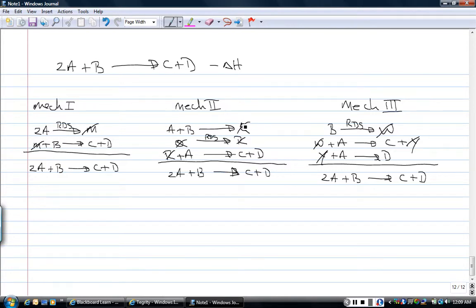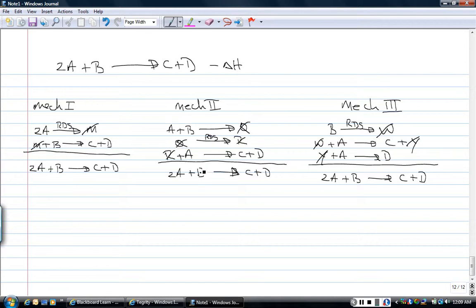This says I make intermediate Q, which generates intermediate R. And this says I make W. W then decays to make Y, and then Y decays in the presence of A to make D. So it clearly identifies any and all intermediates along the reaction pathway and their sequence of formation and decay. It tells me clearly which step is the RDS, and it accounts for the observed stoichiometry. When I add the steps together, I get 2A plus B gives C plus D.